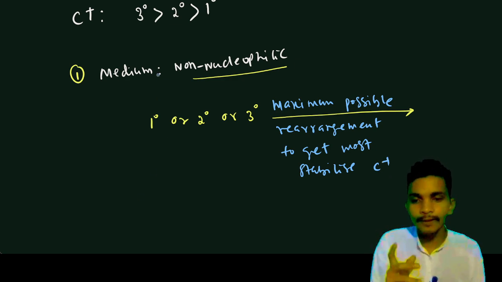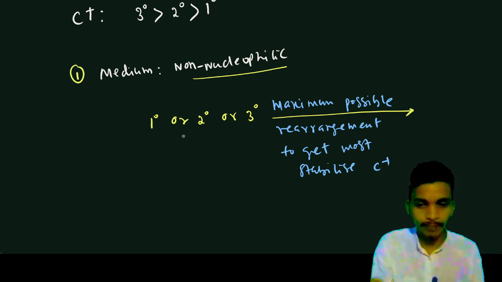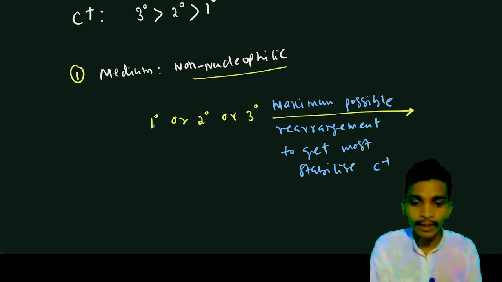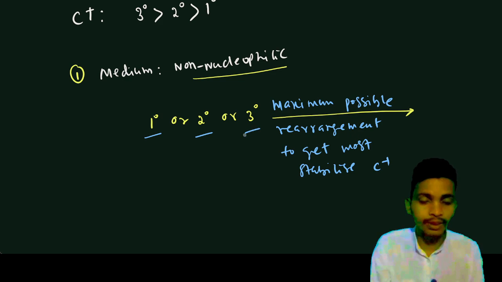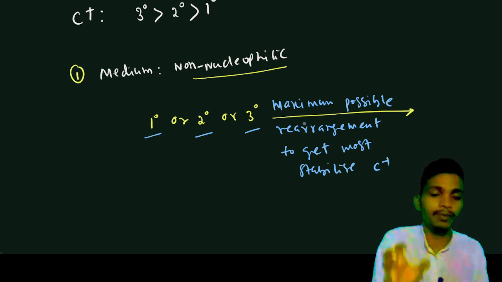So it means that if the medium is non-nucleophilic, then whether it is 1 degree, 2 degree, or 3 degree, in all cases of this carbocation it will do the maximum rearrangement to get the most stabilized carbocation.